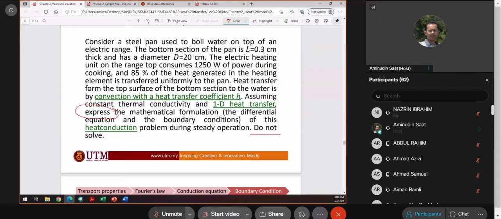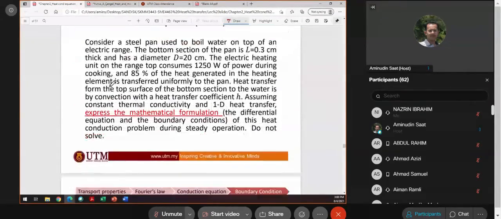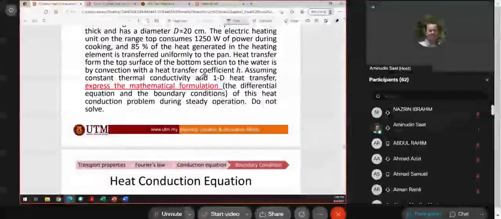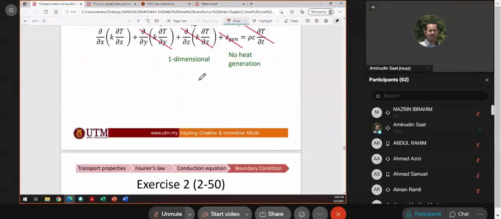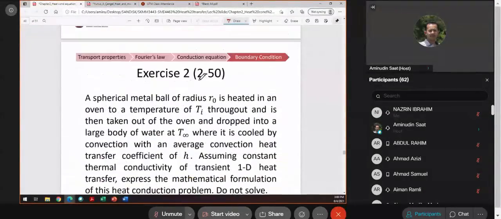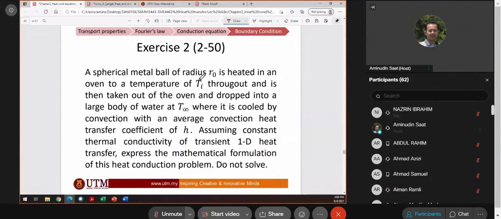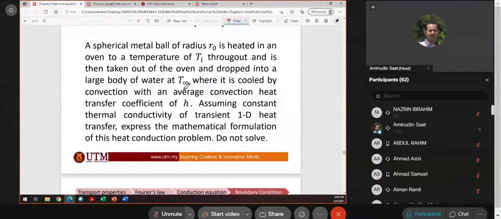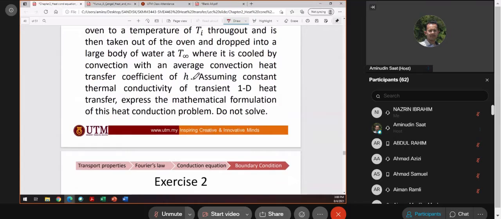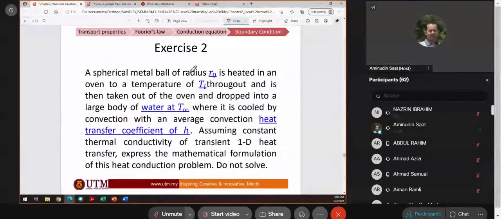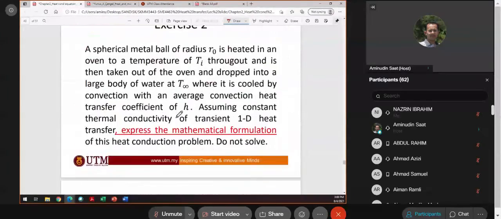Do not solve the problem. There is another example, this one, an exercise on the spherical coordinate, related to the heat transfer convection boundary condition. I will not go through this.